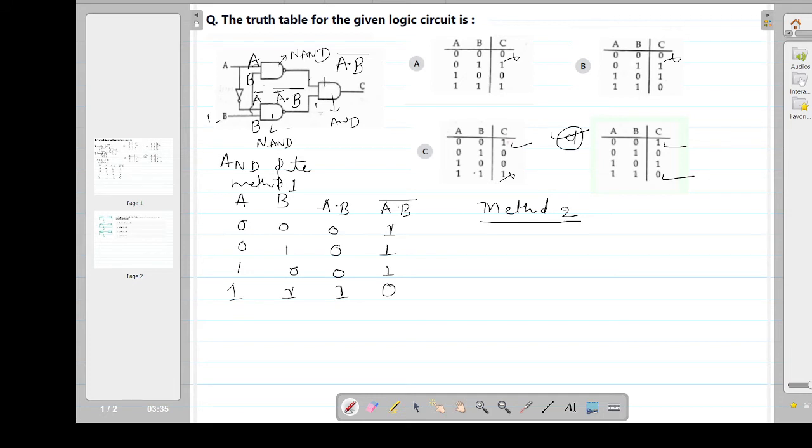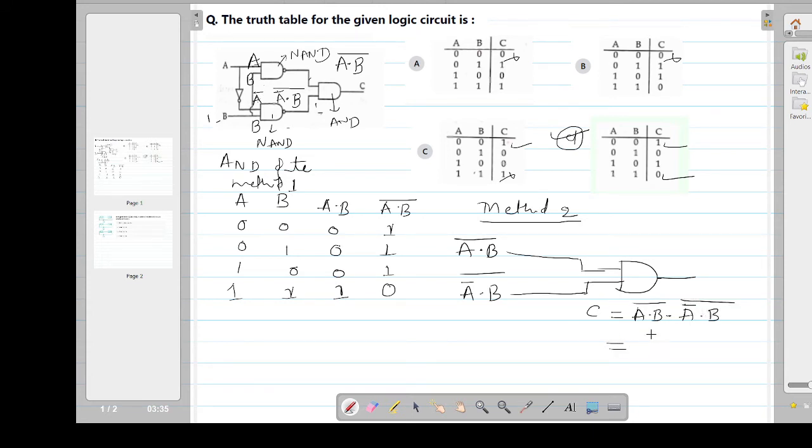Now this A and B bar, and A bar into B bar, become the input to the AND gate. So this is an AND gate. Now the output, I can write C is equal to A into B bar into A bar into B whole bar.